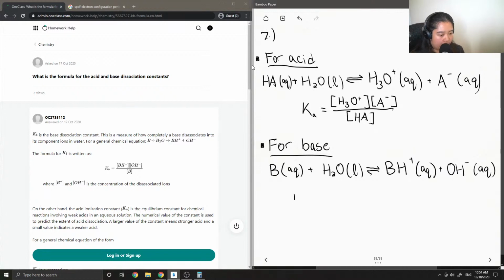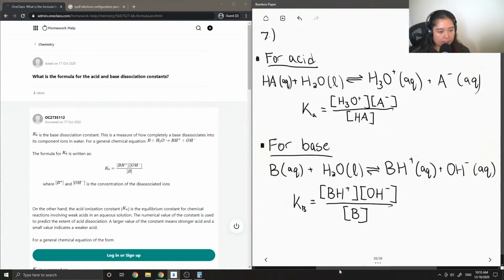So when we find the Kb expression, it's equal again to the concentration of products over the concentration of reactants. So the concentration of BH plus times the concentration of the hydroxide ion, divided by the concentration of the base. And that is how you find the Kb expression.